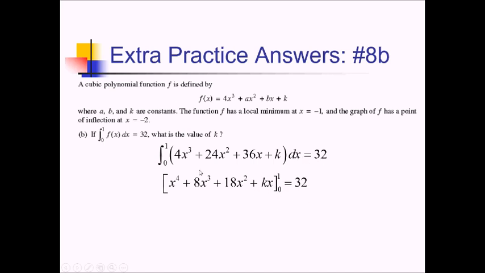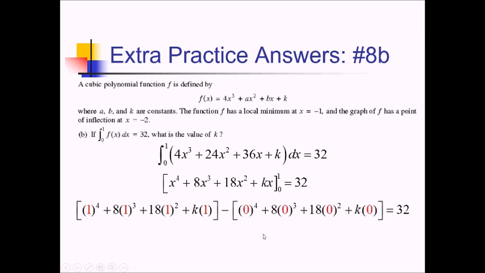So I've got all of this stuff now with 1 plugged in for x. And then I have all of this stuff, and I'm going to subtract now. I'm subtracting all of this stuff with 0 plugged in for x, and that should all equal 32. Now the good news is all this stuff with zeros is going to zero out, so we can pretty much ignore that second bracket.